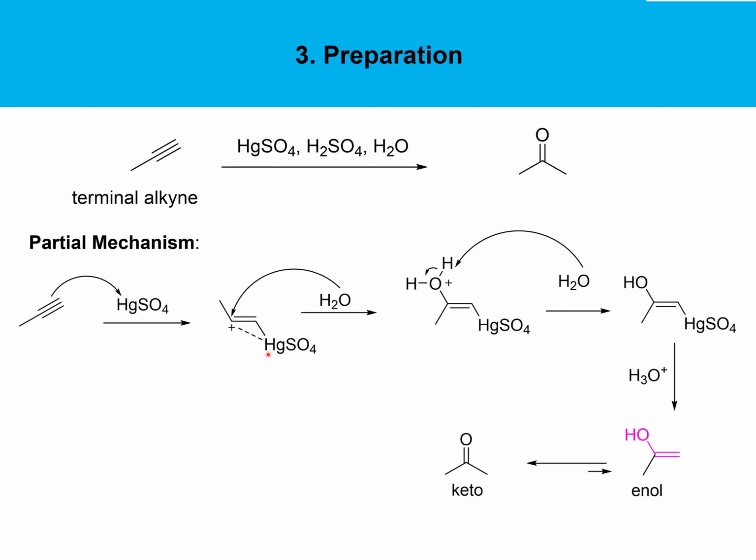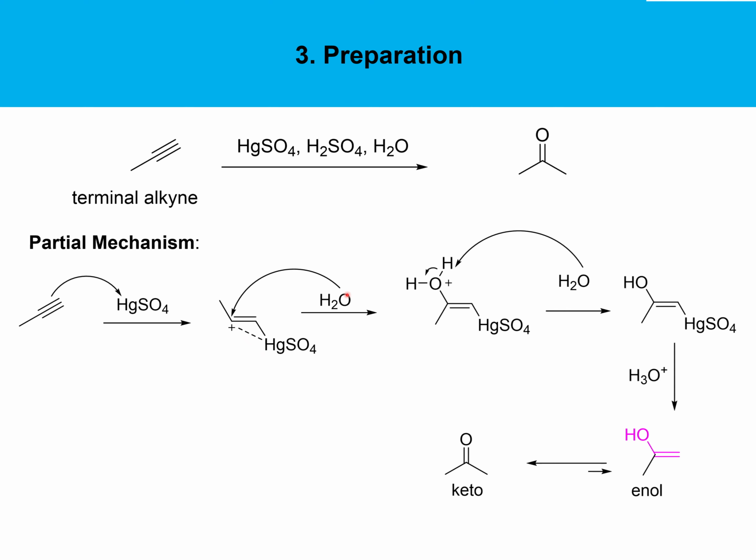So we often draw the mercurium ion sort of in this fashion, where the mercury is bound on the less substituted carbon, and then it has sort of a partial bond to the more substituted carbon, which has a positive charge.